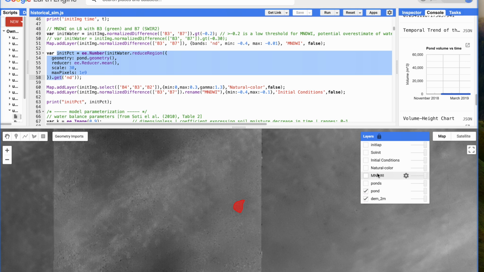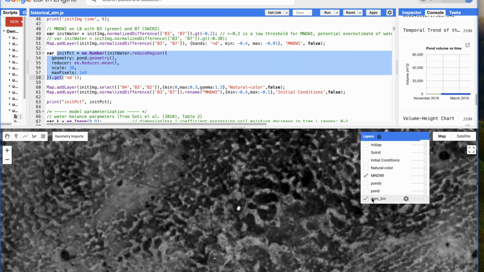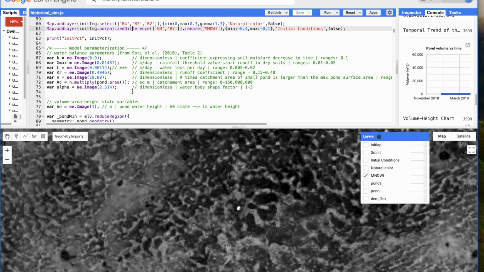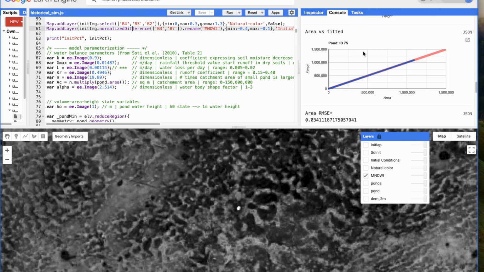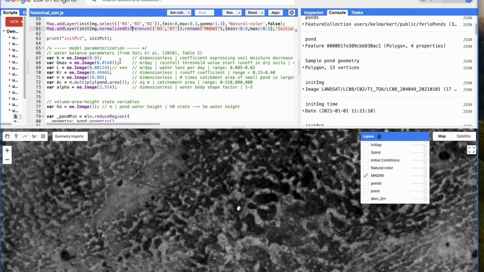I believe that's something we can see over here. Okay, and that's also printed over here as an init image. And then here's the main modeling part.